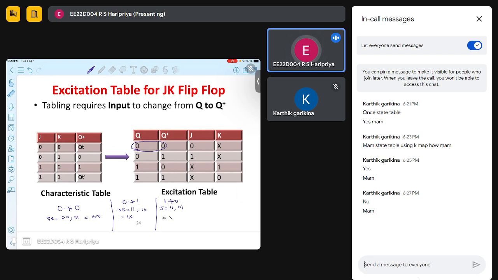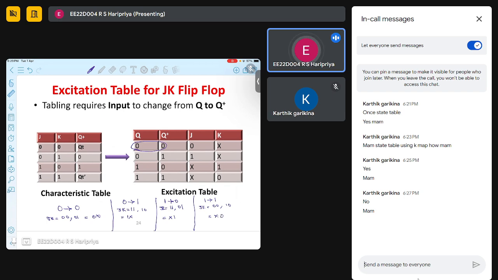So it is x1. 1 to 1, it is again same state, 0 0 or set 1 0. So it is x 0.